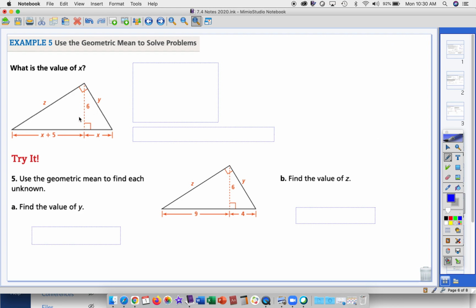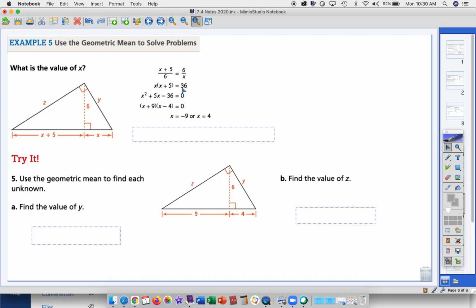Okay, for example 5, we can use the geometric mean that relates the two segments of the hypotenuse and the altitude to the hypotenuse. So 6 is the geometric mean of x plus 5 and x. Here's the proportion. You end up with the quadratic.